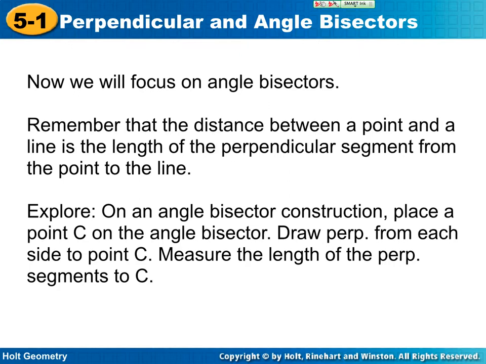If you really want to, go ahead and use your compass if you remember how to bisect an angle. Either measure and mark it or construct it. Cut it in half.